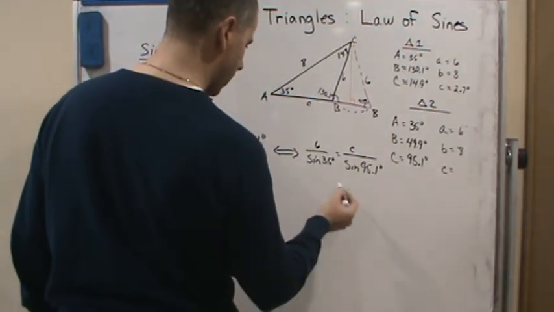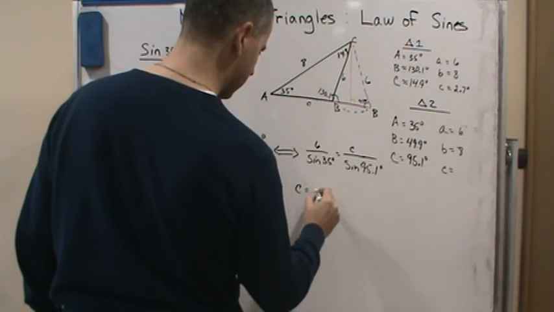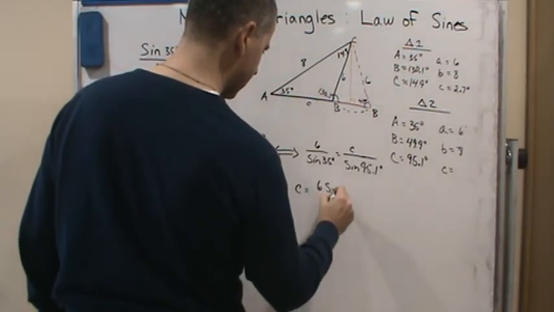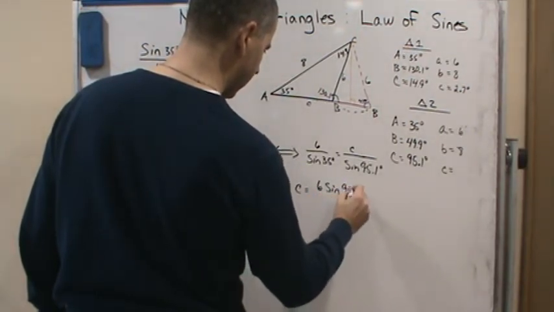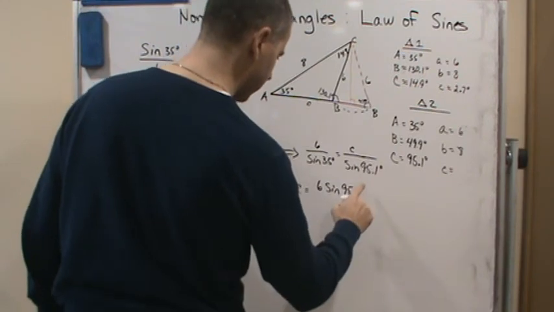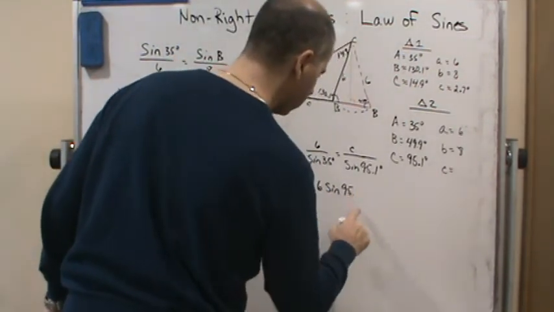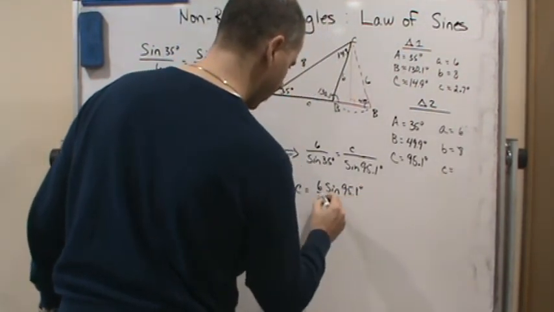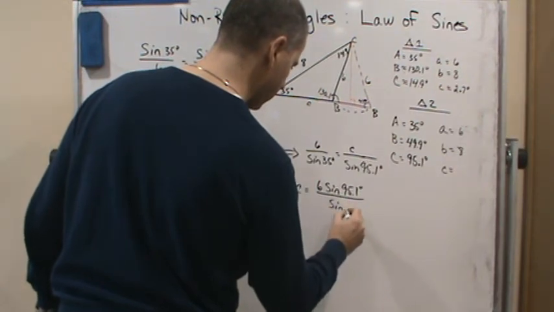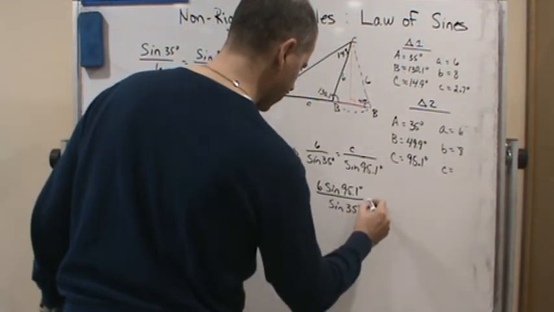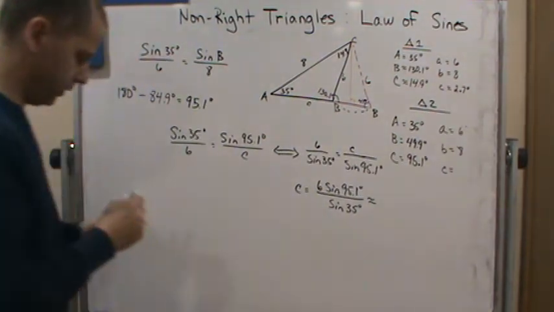If I solve for C, I get C equal to 6 times sine of 95.1 degrees over sine of 35 degrees.